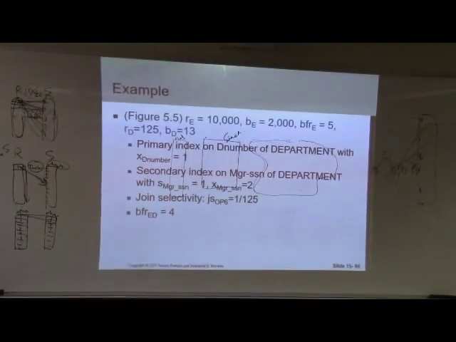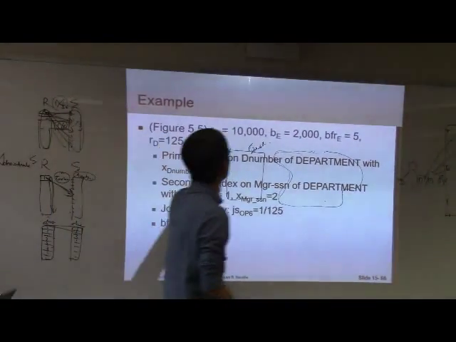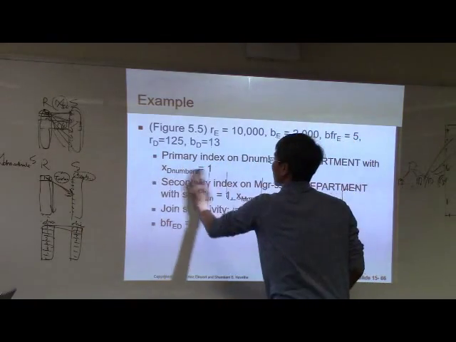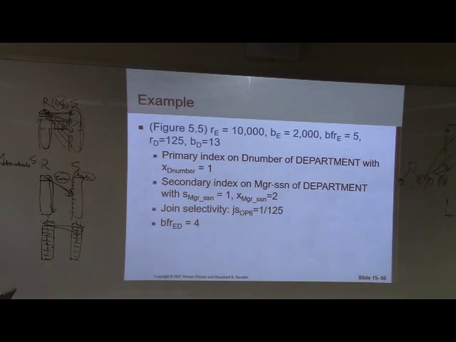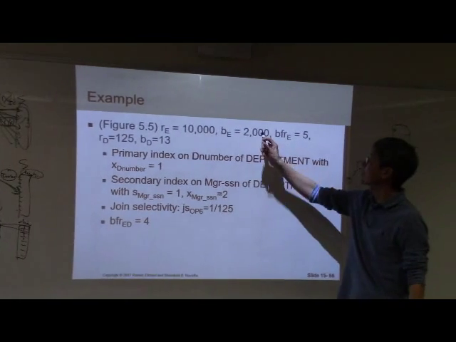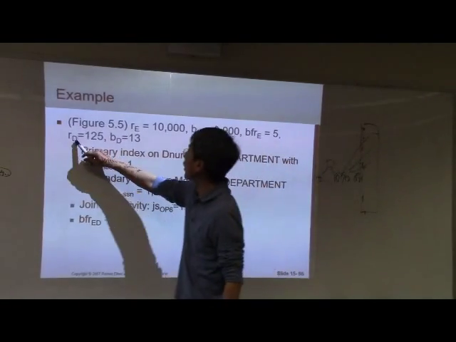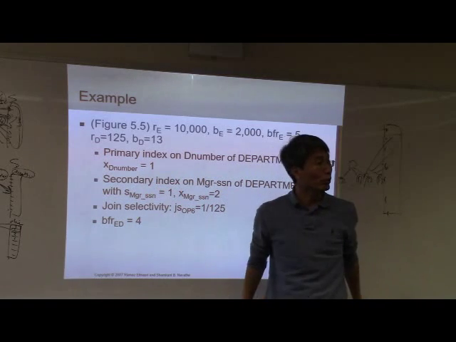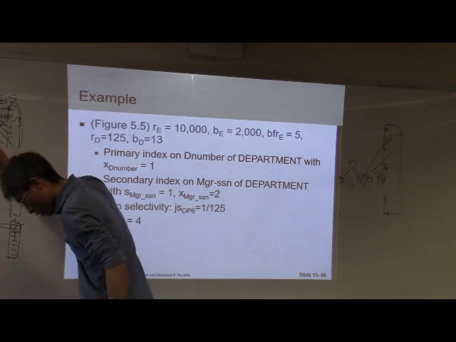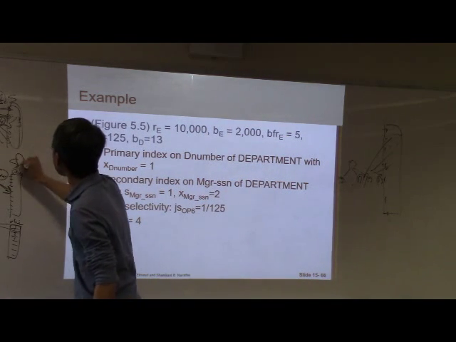So let's take a look at an example of that. We are going to use the same database. It's 10,000 records and 2,000 blocks, and our other record is a department because we are going to join the two tables. The first one is the employee and another one is the department.